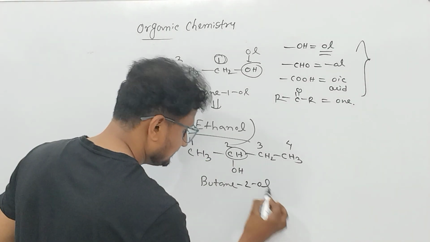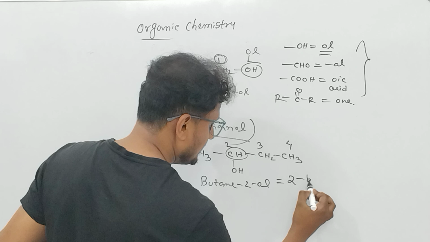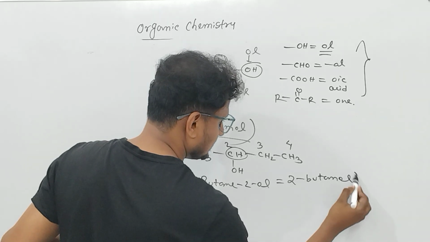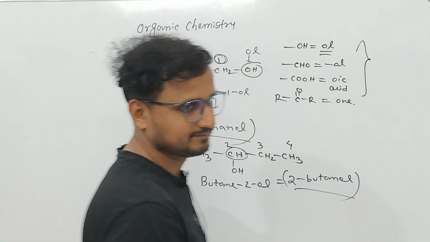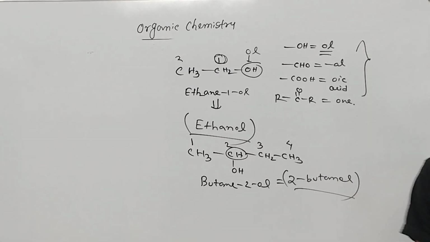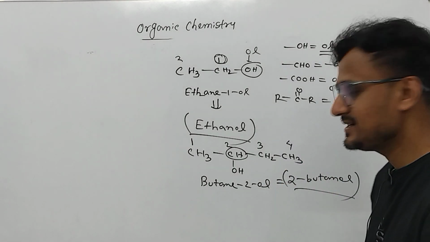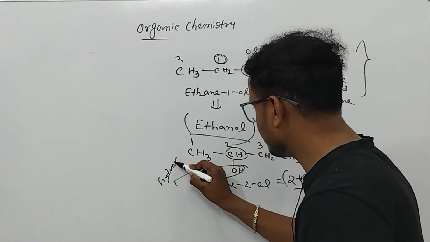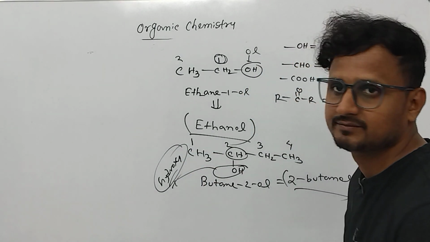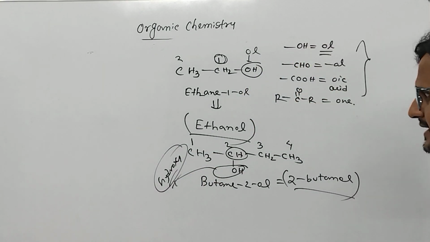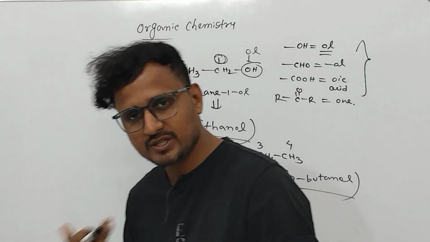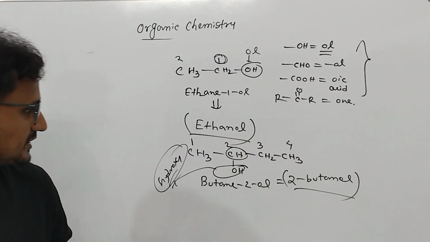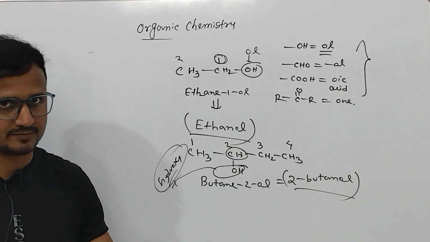So 2-ol. If you combine this, 2-butanol. Sometimes students make mistakes on this. They write hydroxy here, like 2-hydroxy. You cannot write that here. There are some specific conditions for which we use hydroxy, but not here. It will be 2-butanol. Okay.